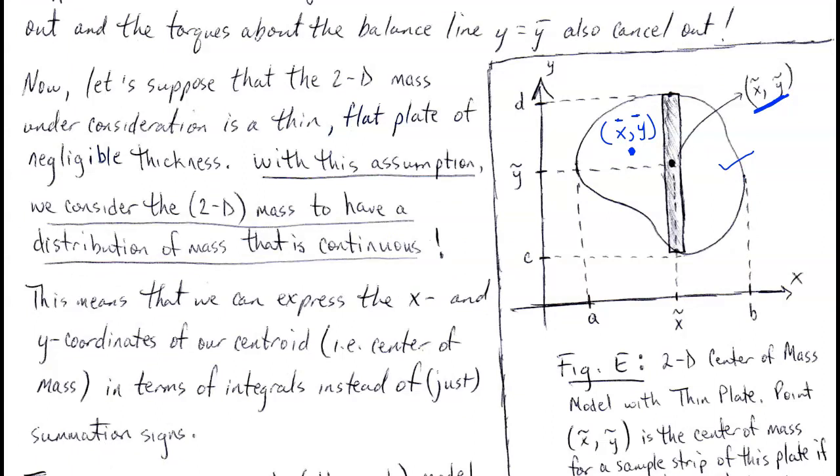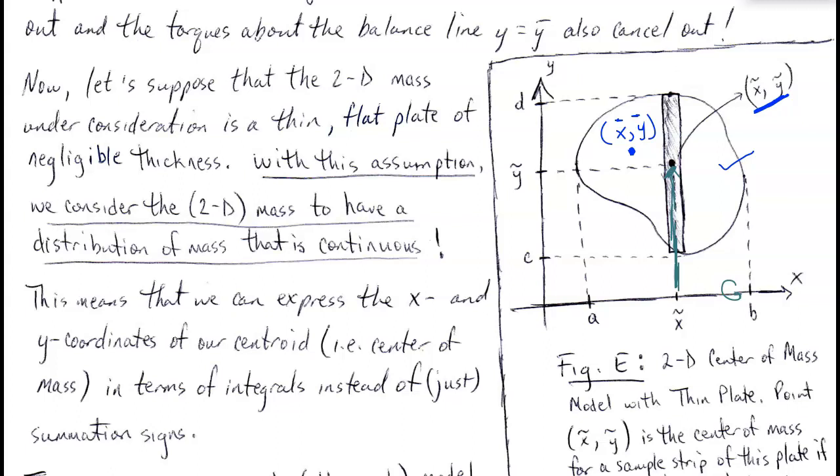Now, if you need the visual, I'll go ahead and draw that. If we're doing a moment about the x axis, then this force, what I'm going to call a force here, is going to be acting on this mass, and that's going to make it spin like this, as if the mass is coming out of the page towards you and spinning about the x axis.